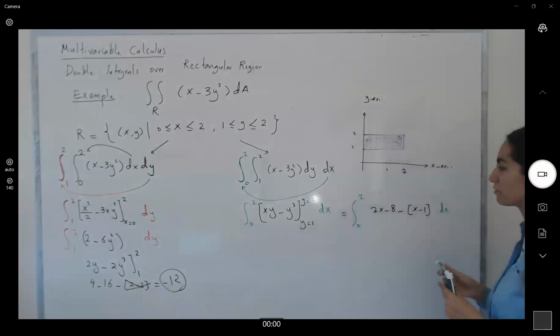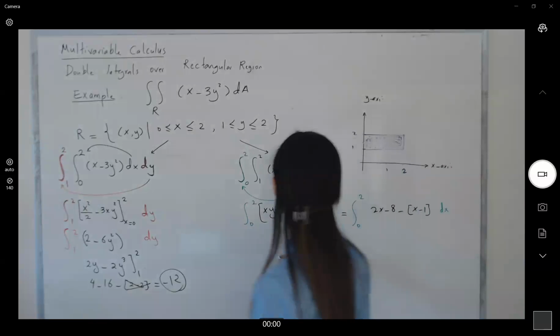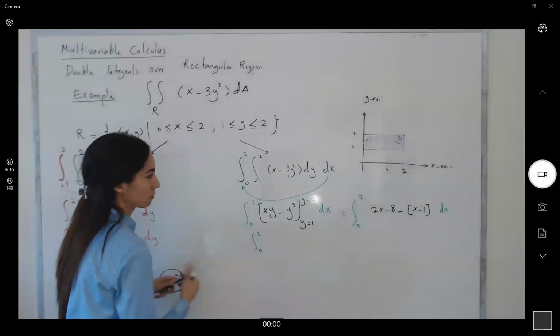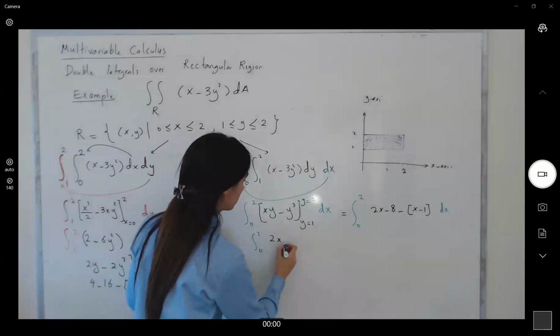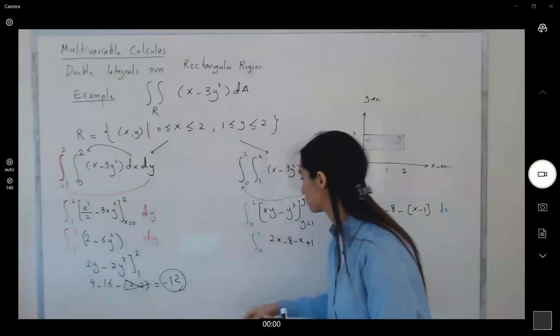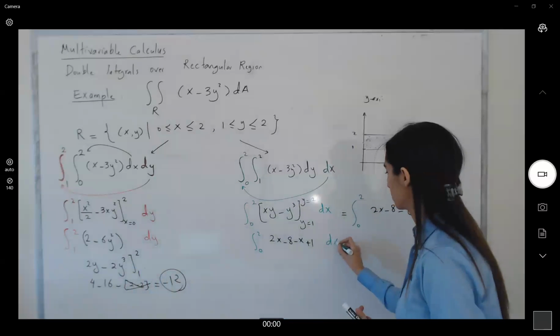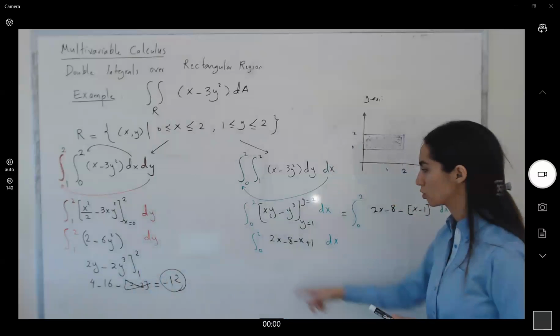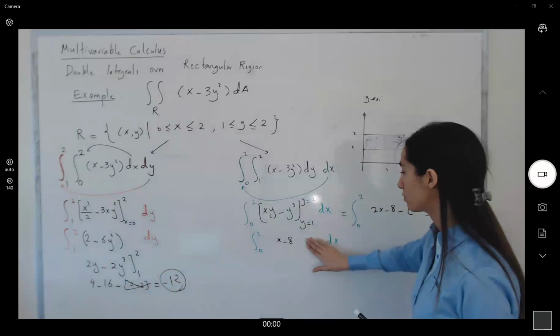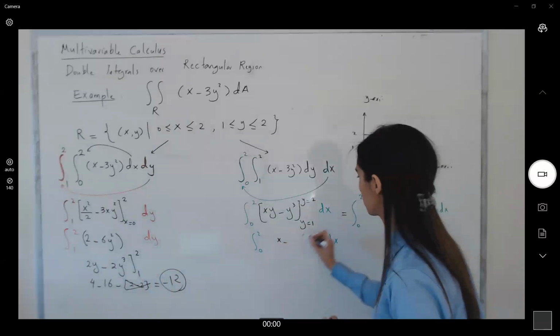Let us simplify this first, then we take the integral with respect to x, from 0 to 2 of 2x minus 8 minus x plus 1 dx. So 2x minus x gives you x back, and negative 8 plus 1 is minus 7.